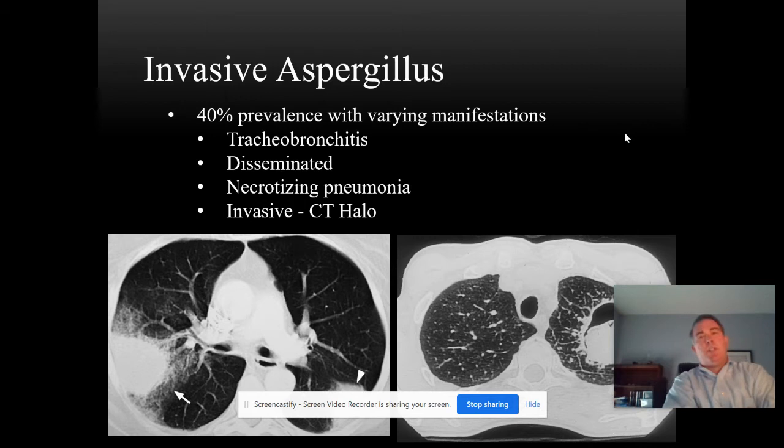Invasive aspergillus is a favorite in the testing situation because it has immediate impacts in care. You'll see it in a lot of immunocompromised patients. What you'll see is a pneumonia that has a bunch of fuzzy stuff around it, and then it cavitates. So it's a cavitating pneumonia in an immunocompromised patient.